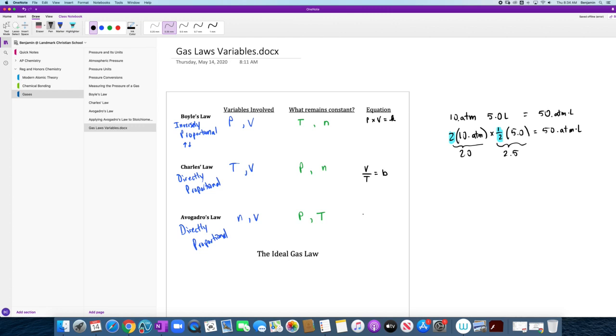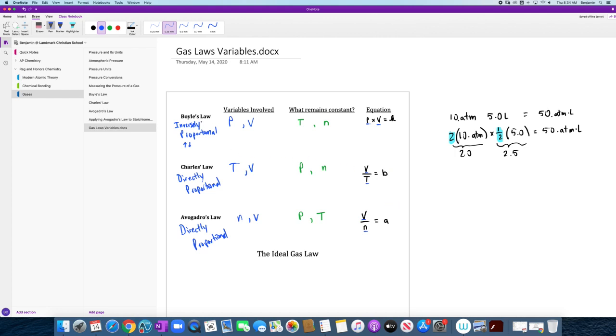And the equation for this law, V over N, is a constant. And I'll use the letter A here. Okay, so each time you have two variables, P and V, or V and T, or V and N, and combining them either by multiplying or dividing, these constants were discovered.